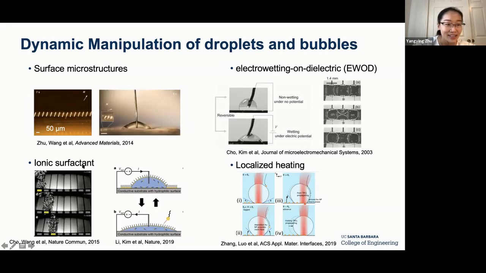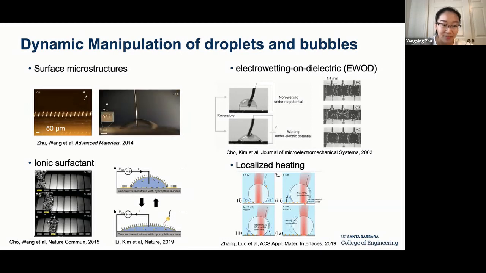Ionic surfactants are those surfactants that have charged heads or charged tails. So basically they can be charged. And so then you can apply an electric field to attract or repel those surfactants to a substrate.